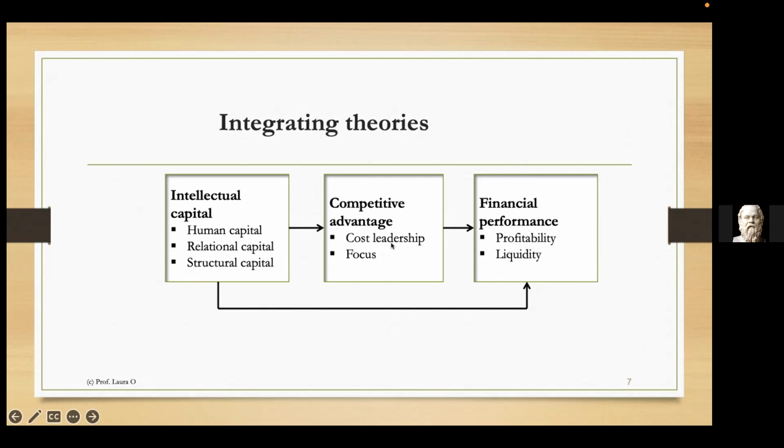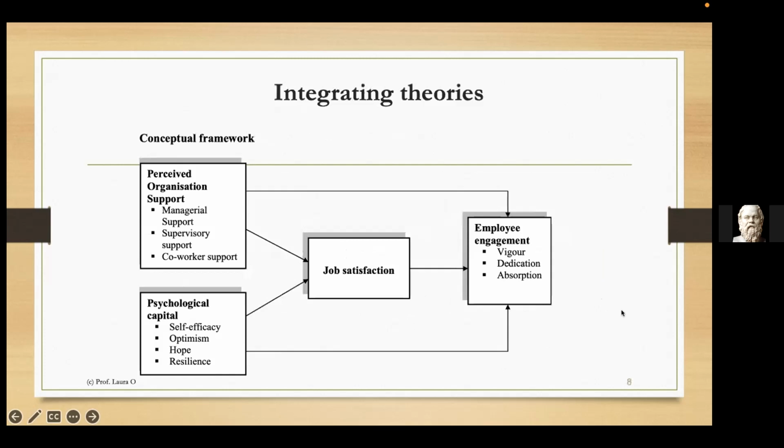You're looking at competitive advantage and financial performance. Under what condition will it hold? Okay? I hope at the end of this, we are able to appreciate why we do things the way we do. This is also another example of integrating theories.